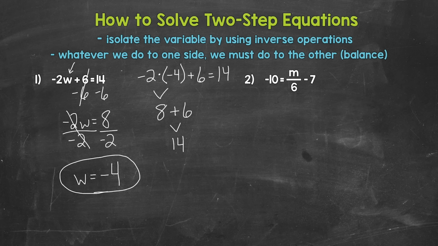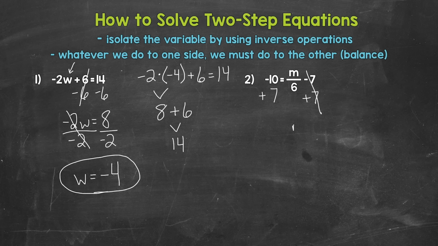So we have -7. What's the inverse operation of subtraction? Well, addition. So let's add 7 to the right side of the equation. Whatever we do to one side, we must do to the other. Now, on the right side of the equation, we are subtracting 7 and adding 7. So these 7s cancel each other out.